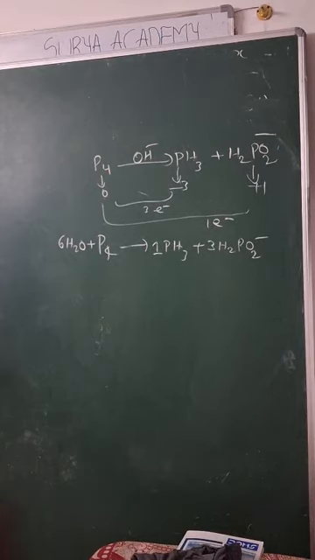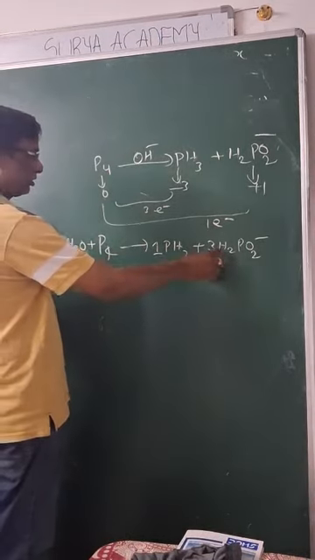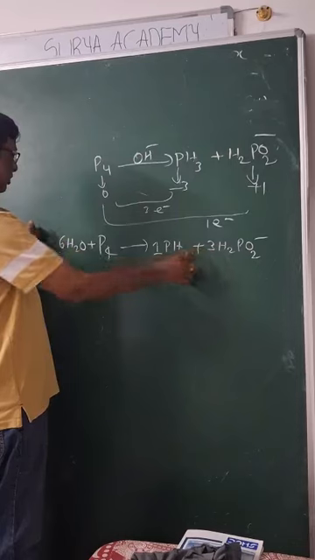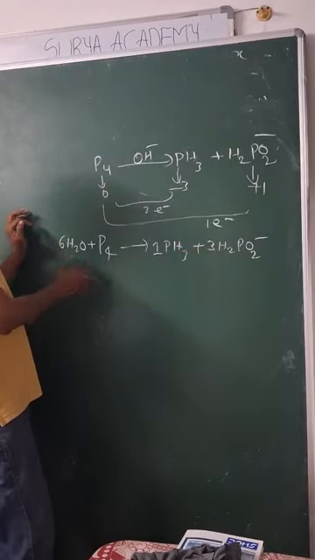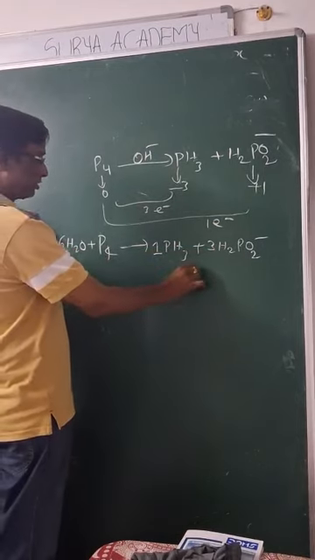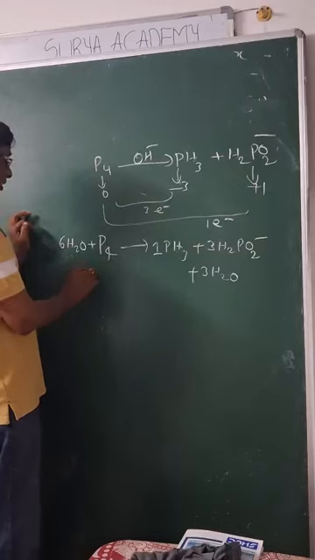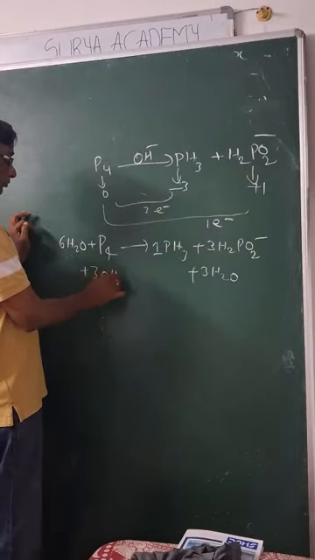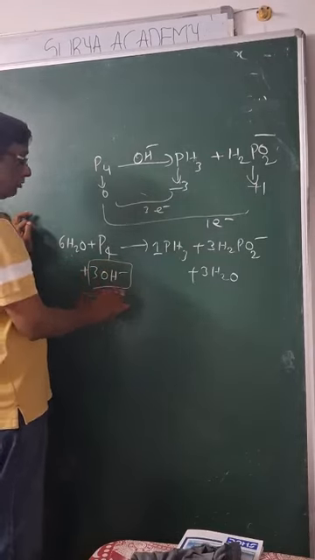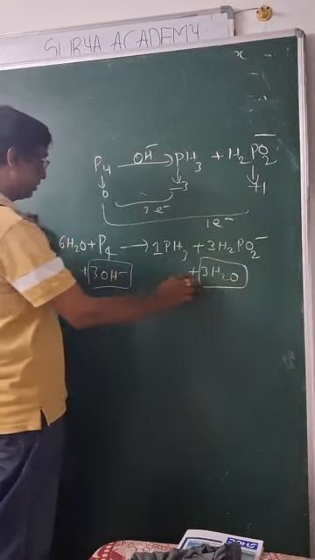Next, to balance hydrogen. Here how many hydrogens? RHS 9, LHS 12. On the deficient side add water, on the opposite side OH minus, the same number.